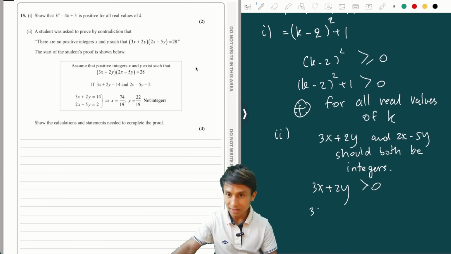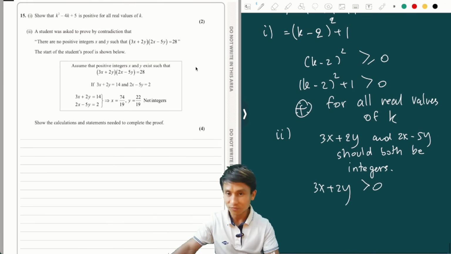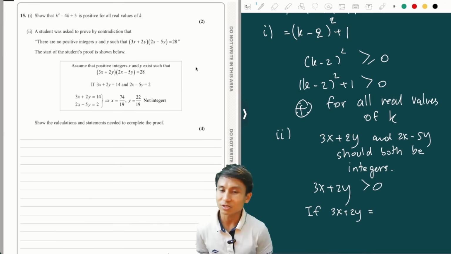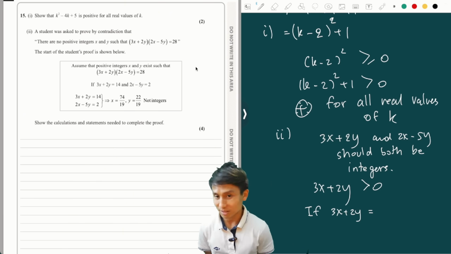We need to complete the proof. It seems like 3x plus 2y should be greater than 2x minus 5y, right?